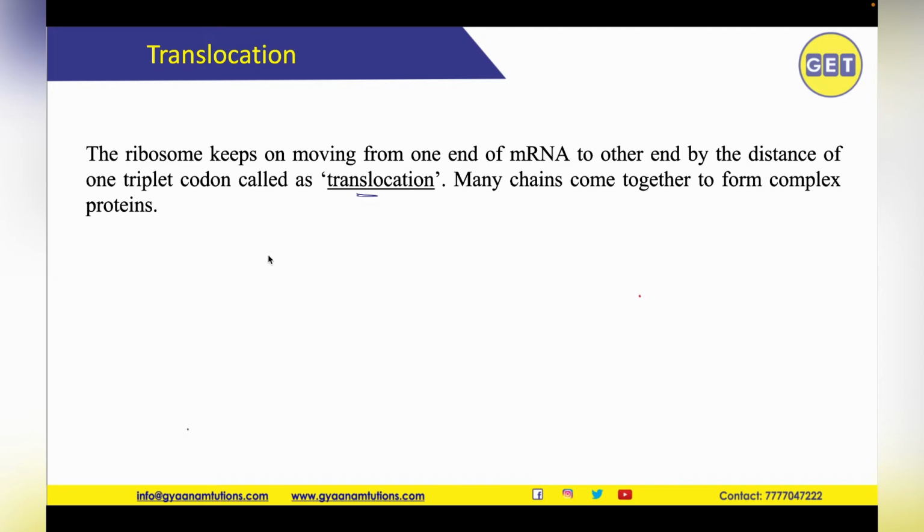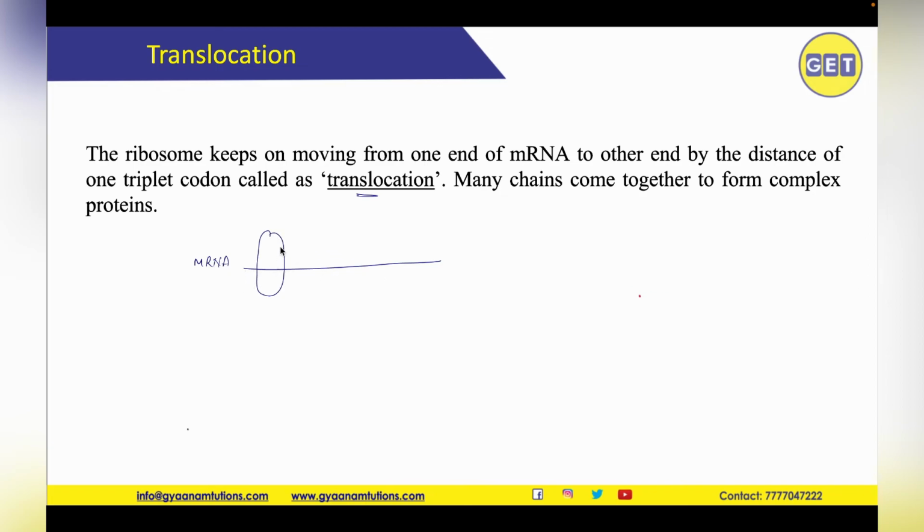Translocation is the procedure which involves the ribosome. The ribosome is the protein factory, and when the mRNA enters the cytoplasm, the ribosome attaches to the mRNA.